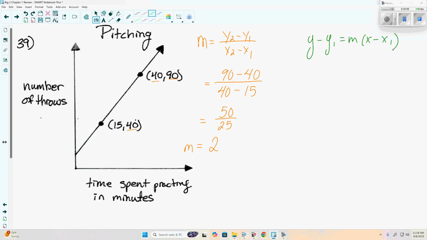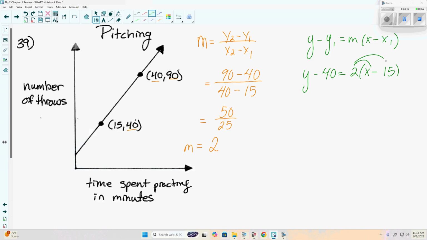Now our point, we can pick either one. I'll pick 15, 40, so we'll plug 40 in for y, 15 for x, because each point is in the form x comma y. Now at this point here, we just need to get y by itself.